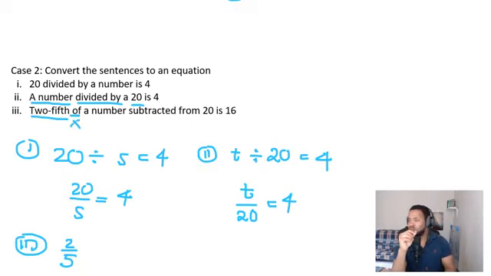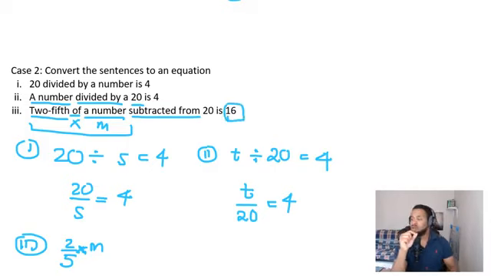And so 2/5 multiplied by a number, take note that a number could be, in this case, let's say M. So 2 over 5 multiplied by M, subtracted, take note here, subtracted from 20, which means that 20 is going to be always bigger than this expression here in order for our answer to be a positive number.